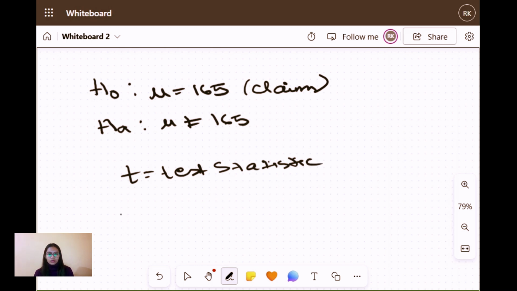So the p-value for this would be based on the alternative hypothesis. The p-value can be one-tailed or two-tailed. So how will we identify? We will look into the alternative hypothesis. As it has a not equal to sign, the p-value will be two-tailed.